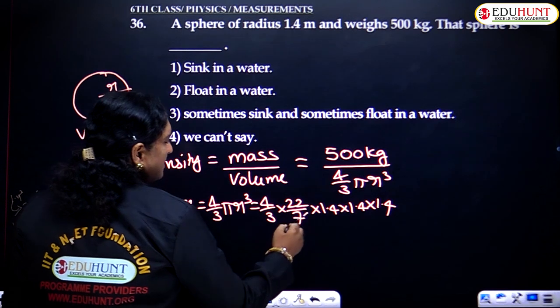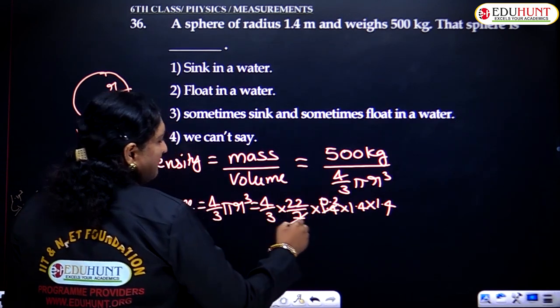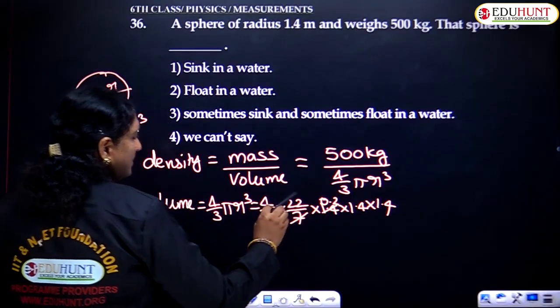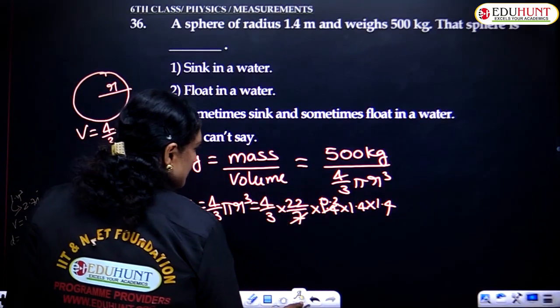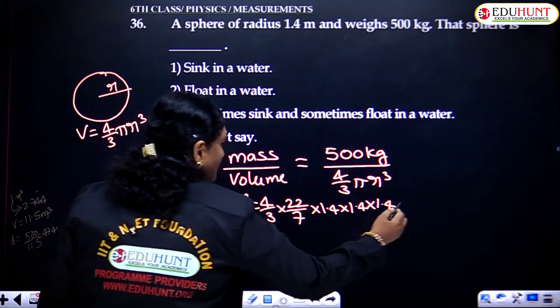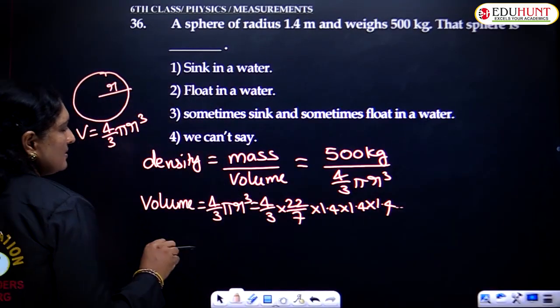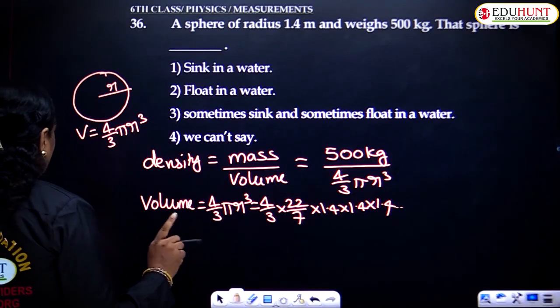Further simplification, so simplify this, children. I'll write it as 1.4 cube. Then this will become 4 by 3 into 22 by 7 into 1.4 whole cube.